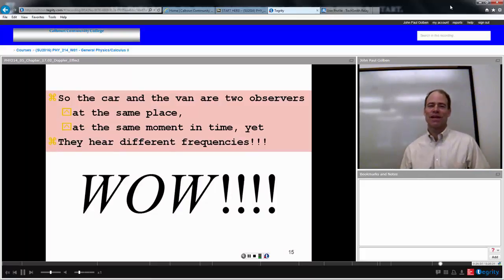You can be at the same place in the universe at the same moment in time and observe something different from someone else, and it's perfectly okay. The Doppler shift says it's perfectly okay to observe different things even though you're at the same place in the universe at the same moment in time. Wow, it chokes me up. Wow. How cool is that? Physics says it's okay to observe different things.